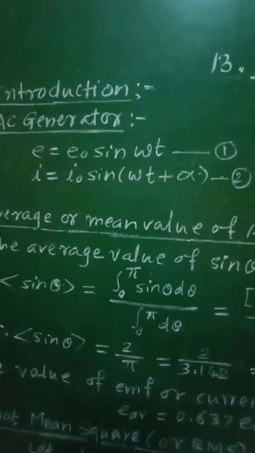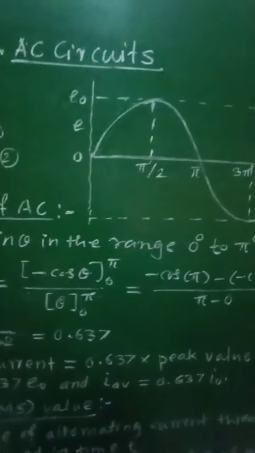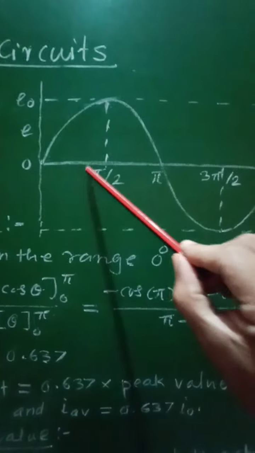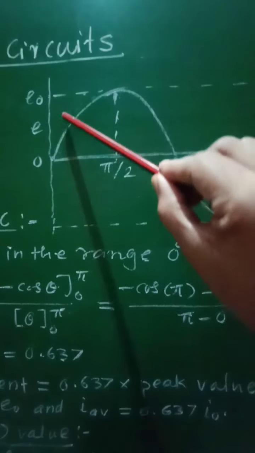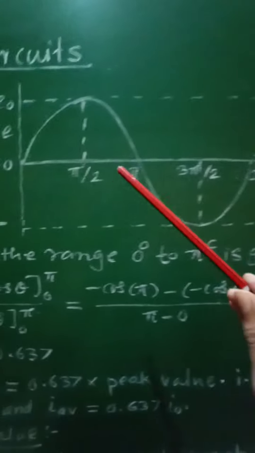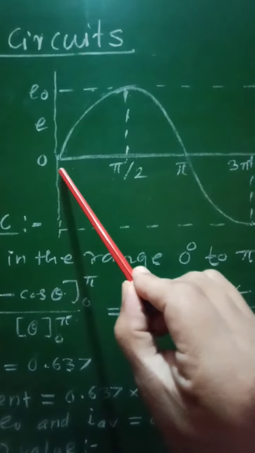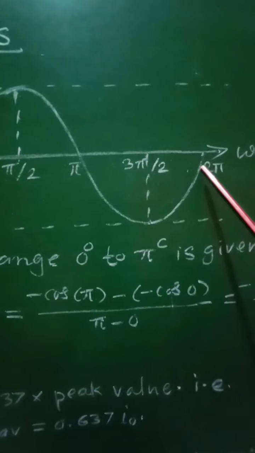Now, let us consider the graphical representation of EMF against omega t. So EMF is plotted along y-axis, omega t along x-axis. Omega t is plotted as 0, pi by 2, pi, 3 pi by 2 and 2 pi.